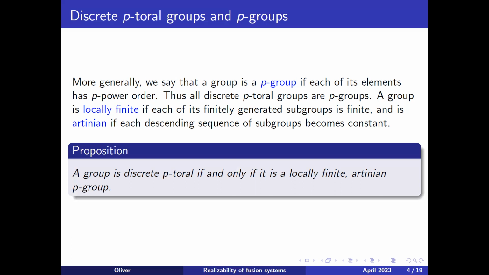And so then that's the proposition, which I mention here only to help motivate why this class of groups is interesting: a group is discrete p-toral if and only if it's locally finite, Artinian, and a p-group, and only if it has all three of these properties.